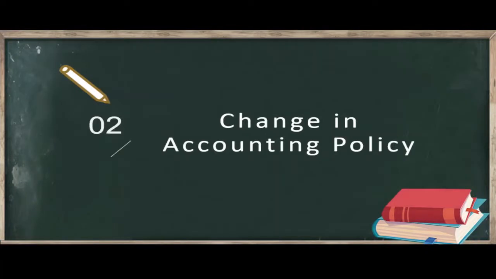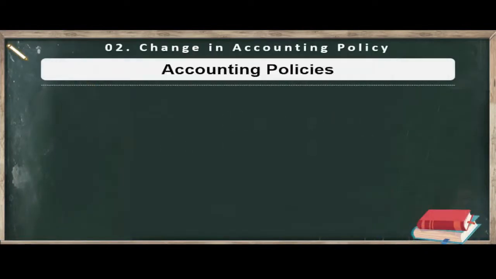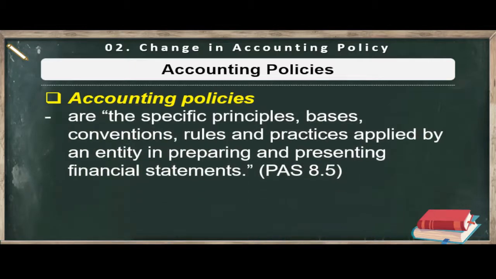So we'll go first to the change in accounting policy. First, we recall the lesson in basic accounting for the definition of accounting policies. These are the specific principles, basis, conventions, rules, and practices applied by an entity in preparing and presenting financial statements.